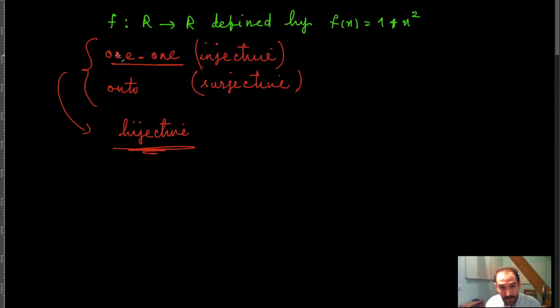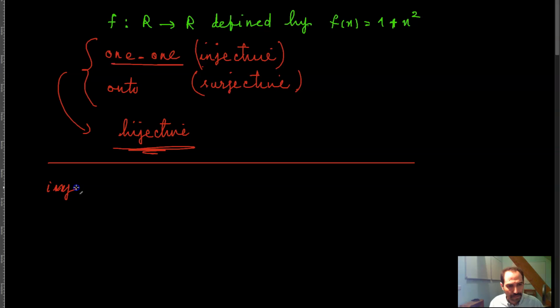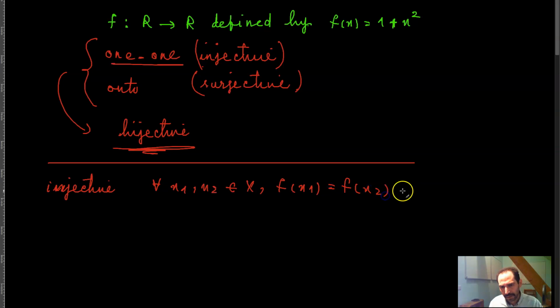Okay, so now in order to decide whether f is injective, the condition is that for every x1, x2 belonging to X, if f of x1 is equal to f of x2, then that implies that x1 is equal to x2, right?